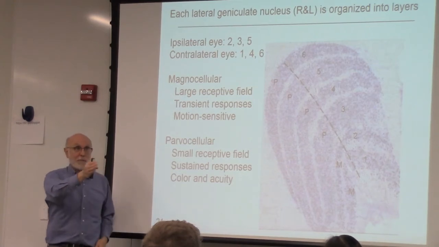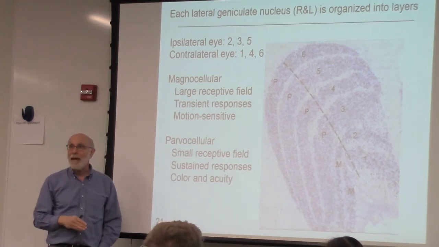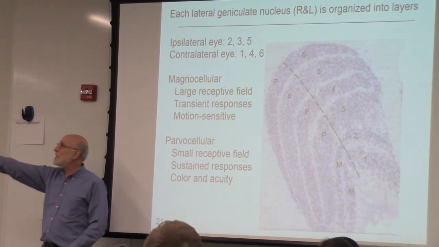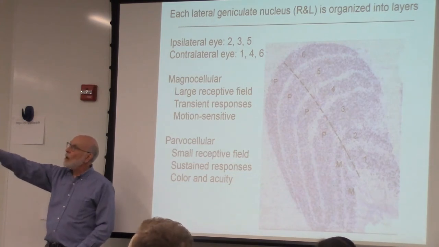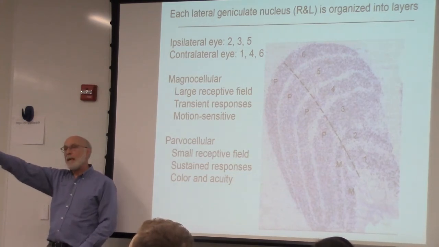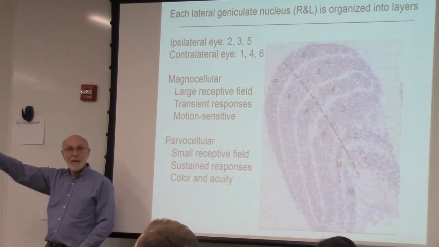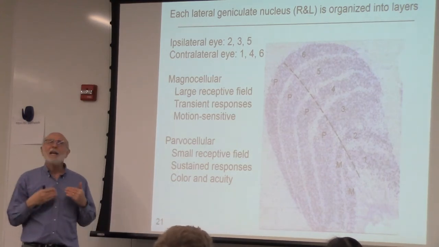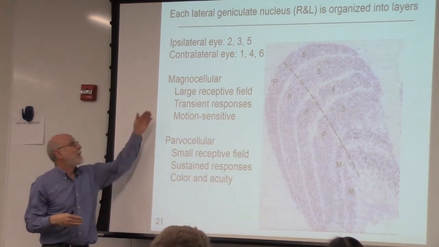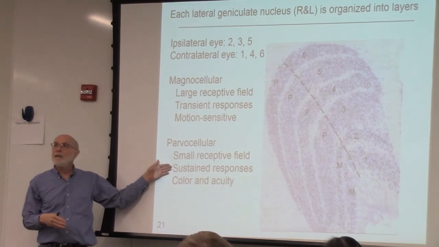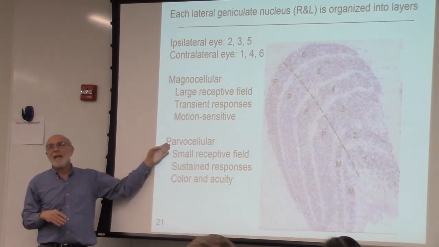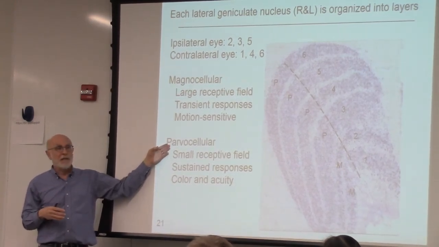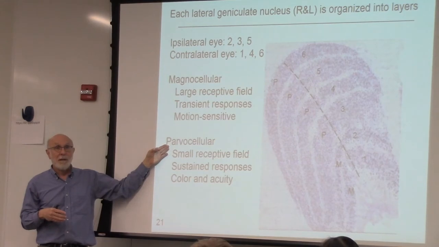When I look way in the distance, and I can see that twig on that tree is not the same as that twig on that other tree, I'm doing high acuity vision. And high acuity vision is processed by a set of cells called the parvocellular cells in the lateral geniculate.